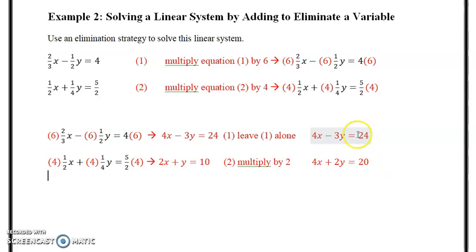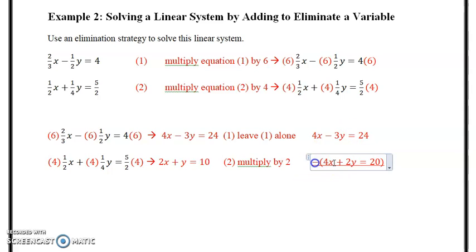So now we're going to subtract the two equations. I usually underline the second equation and then put subtract in brackets. The whole thing is going to be subtracted, each term subtracted. So we end up with 4x subtract 4x, that's gone.